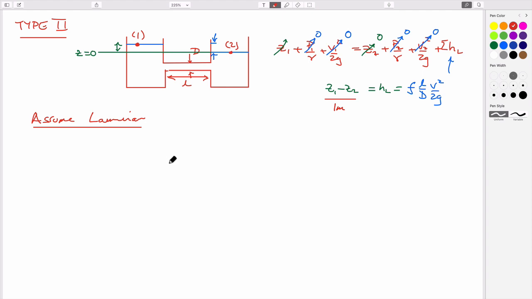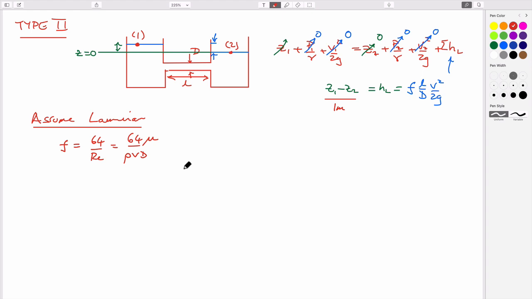If we assume it's laminar, then we know that the friction factor is equal to 64 over Reynolds number, which is equal to 64 over rho v d over mu.